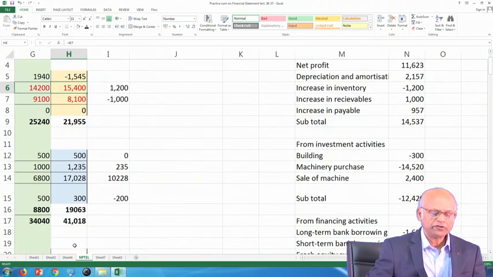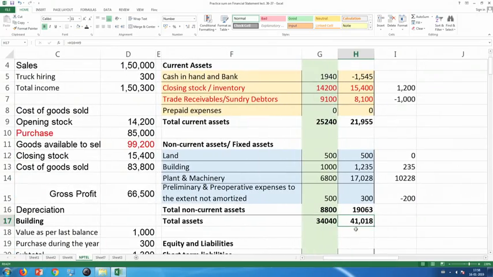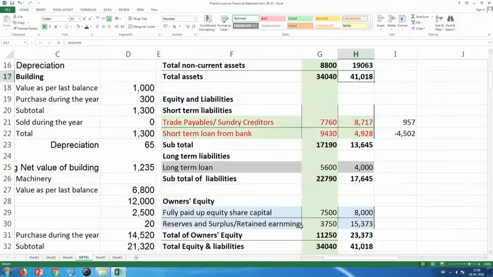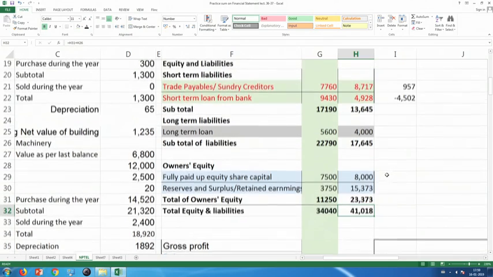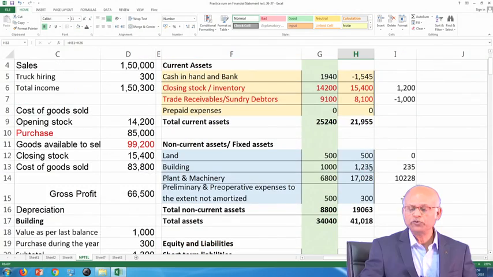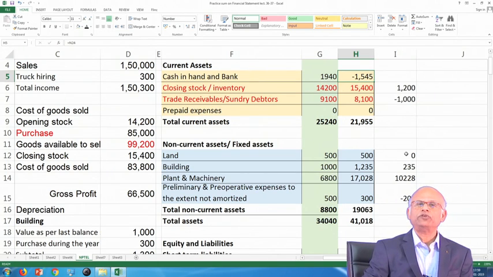So, that makes the total of asset side as 41,018, and the liability side also is 41,018. So, though balance sheet balances, we cannot really write a negative cash balance here. That means the company actually is moving towards a very precarious situation.